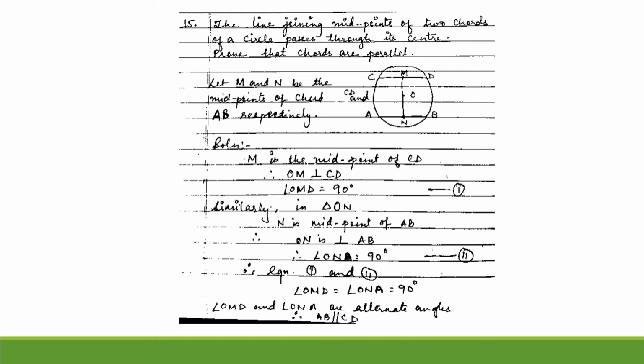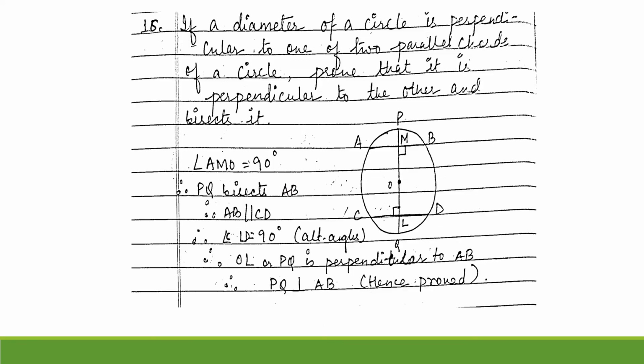So ON is perpendicular to AB, and from equations 1 and 2 we can say that OMD is equal to ONA, that is equal to 90 degrees. Therefore the two angles are equal and are alternate to each other, so we can say that both the chords are parallel to each other.